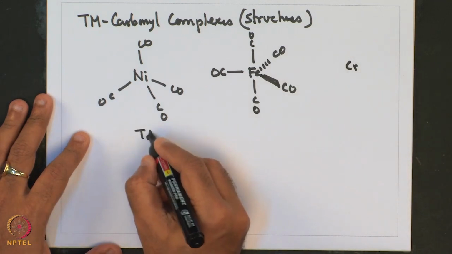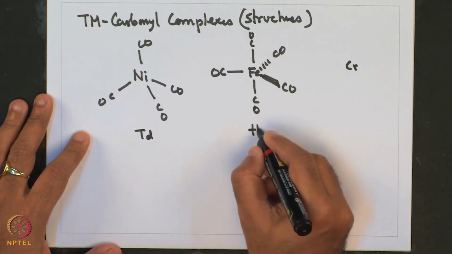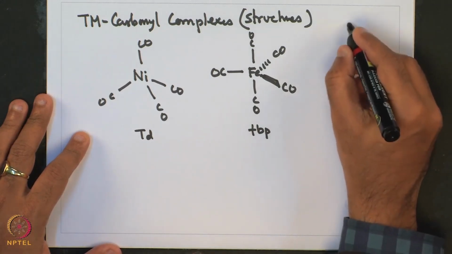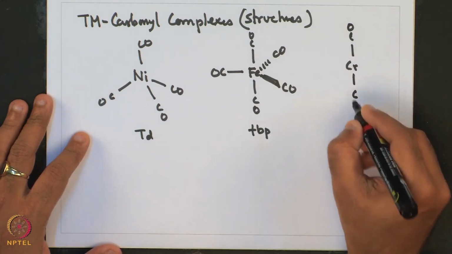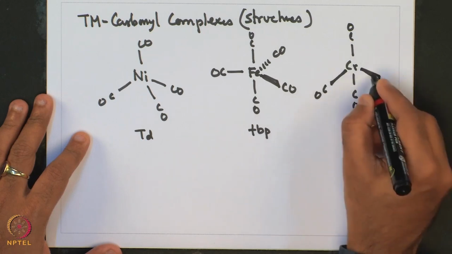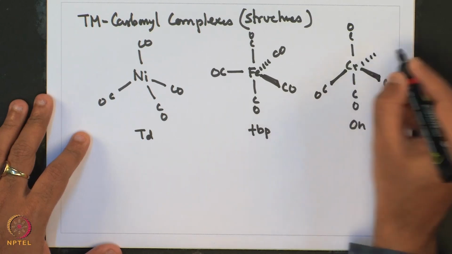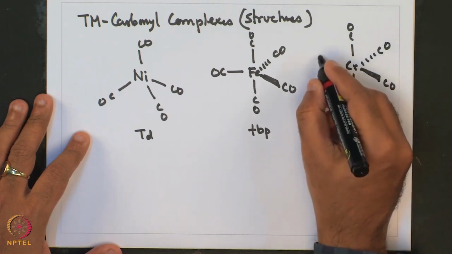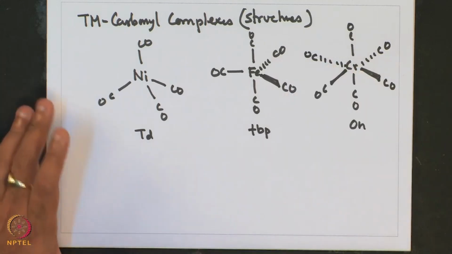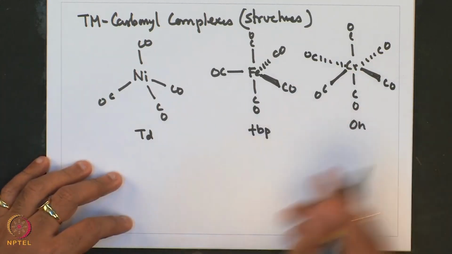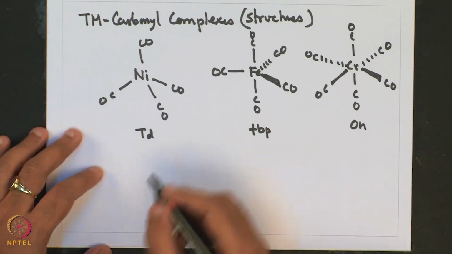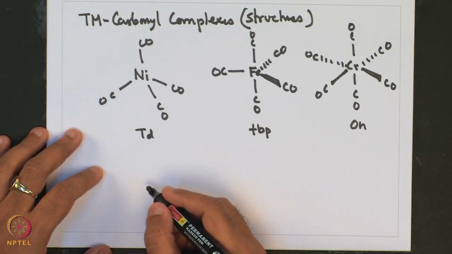So, this is a tetrahedral structure, this is TBP structure, this is octahedral structure. So, we see that depending on the metal, all sorts of possible structures are formed, and here is the structure of a manganese dimer that contains a metal metal bond.